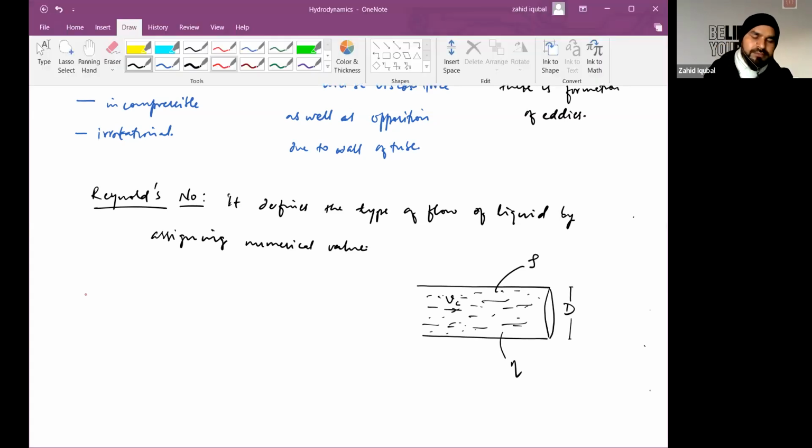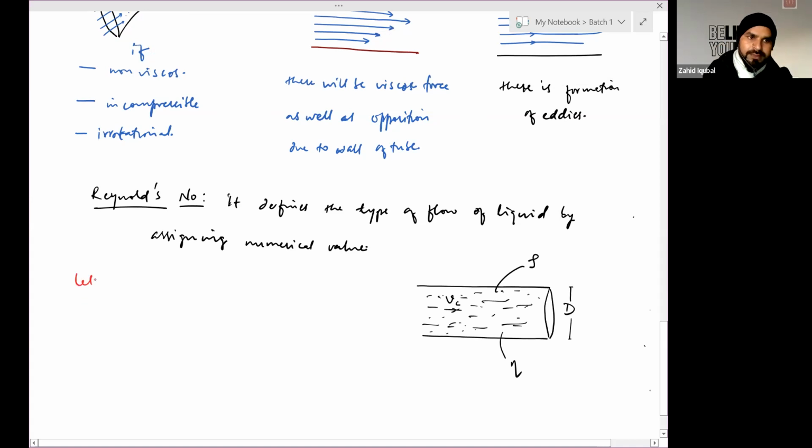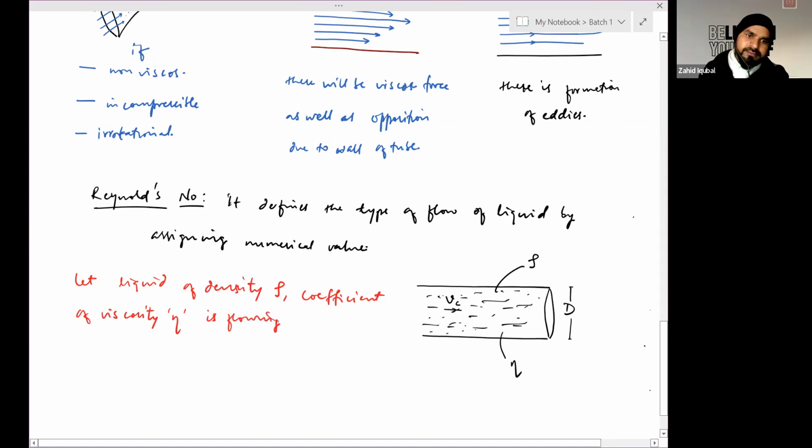So first, let liquid of density rho, coefficient of viscosity eta, be flowing at critical velocity Vc in a tube of diameter d.